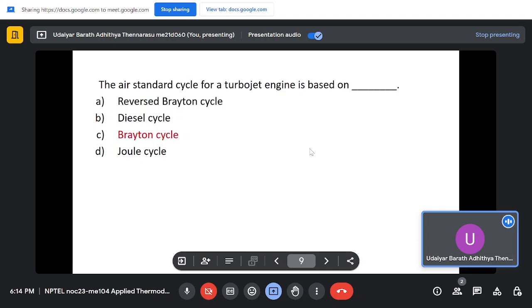So the answer is option C. The components of the Brayton cycle are the compressor, combustion chamber and expander. The compressor and expander turbine work in isentropic processes, and combustion is a constant pressure process. A similar process is used in turbojet engines, jet engines. So the answer is option C.